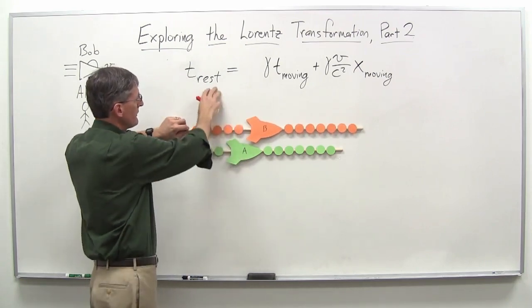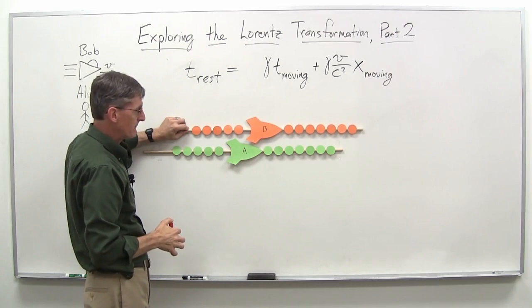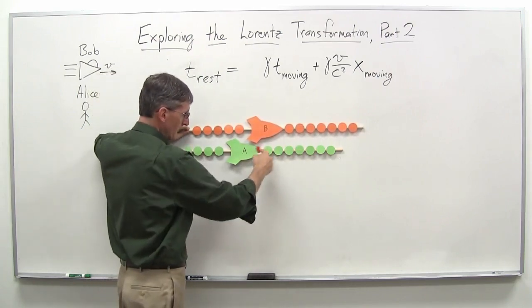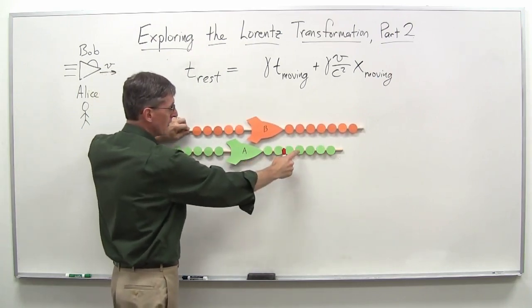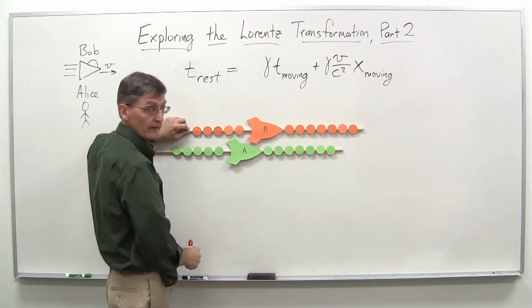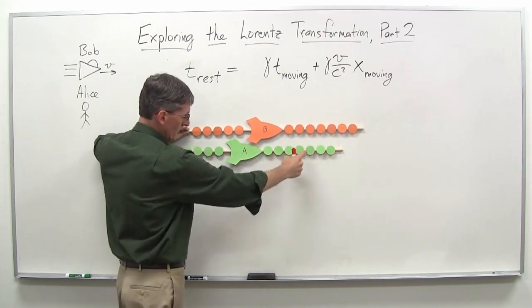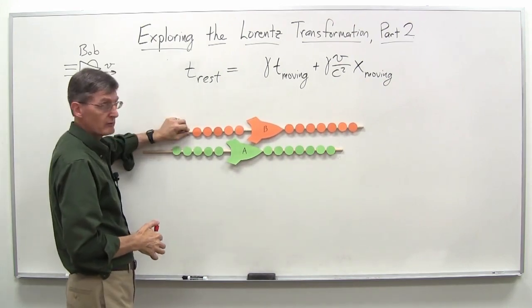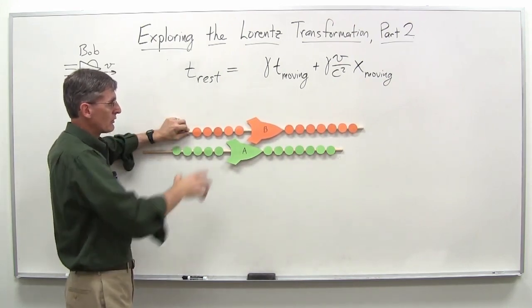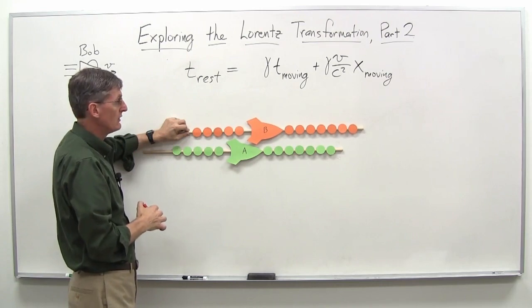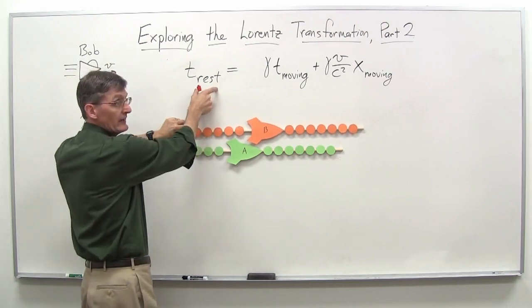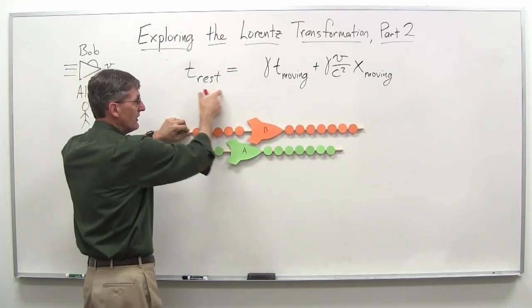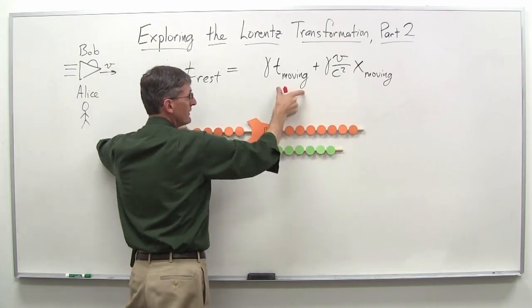And note one thing about our equation here: let's say we've got a time right here. These are all 10 seconds reading on Alice's clock. So we've got 10 seconds on that one. What is the value of the corresponding clock right here going to be on Bob's clock at that instant in time? Well, according to the Lorentz transformation equation here, if this is 10 seconds over here, according to Alice, I've got something plus something over here.